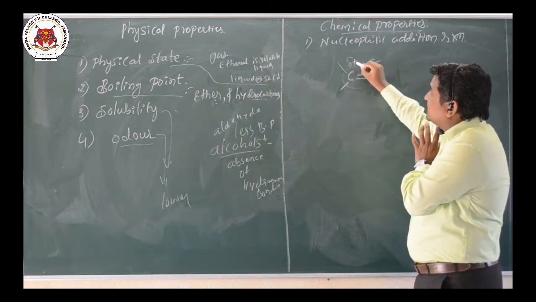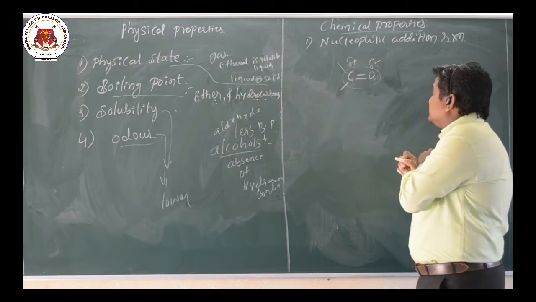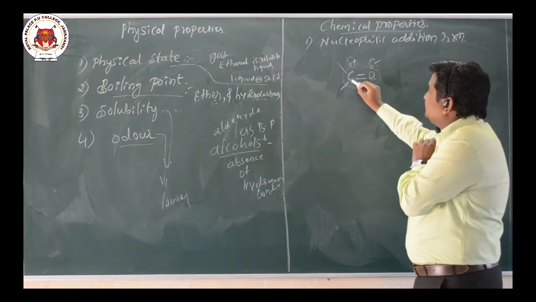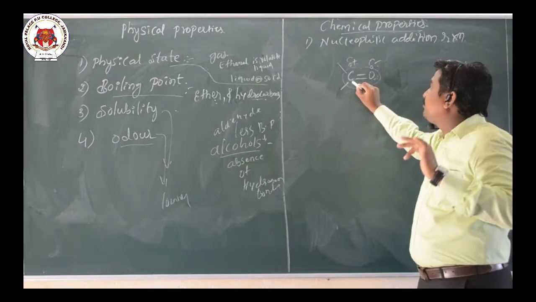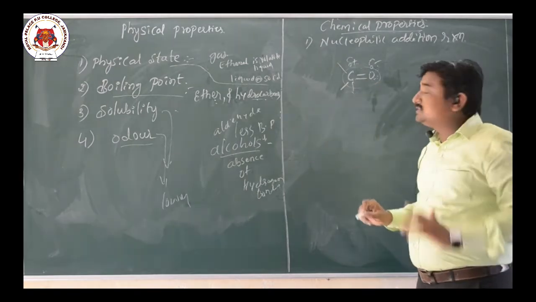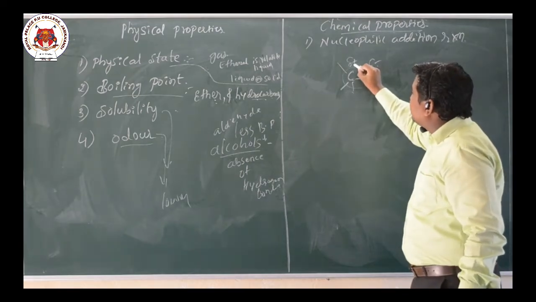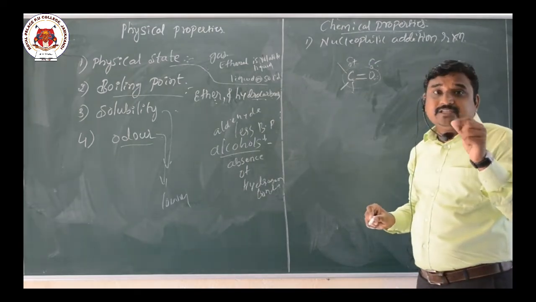This carbon is less electronegative compared to the oxygen atom, hence it will take a partial positive charge, because it readily loses its electrons. Due to this, the carbon acts as an electrophile. Electrophile means electron deficient species. Now this carbon has a plus charge, which indicates there is a deficiency of electrons.